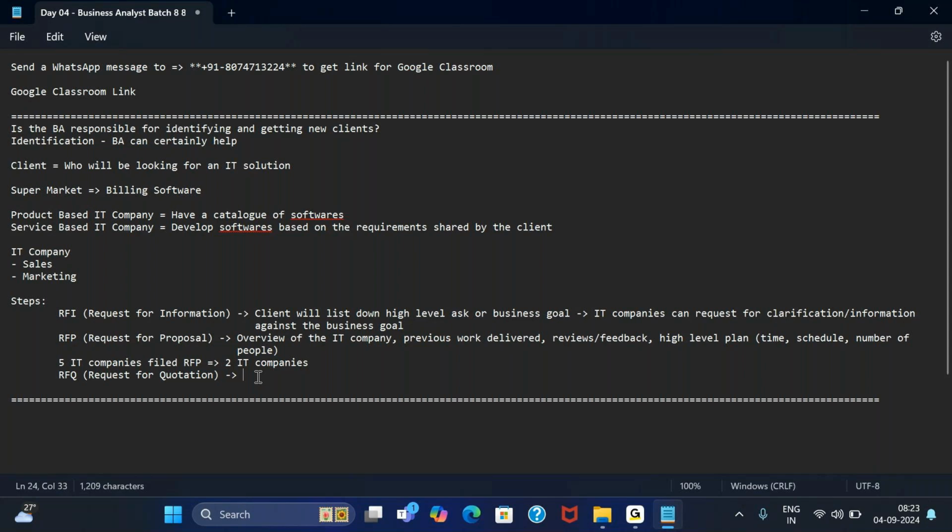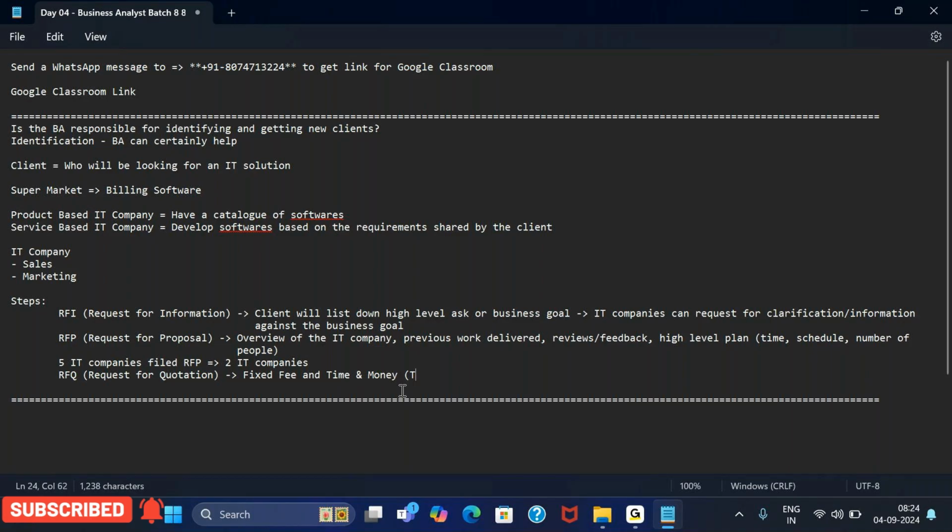Now, request for quotations. IT companies can provide quotations in two ways. The first is called fixed fee, and the second is called time and money.